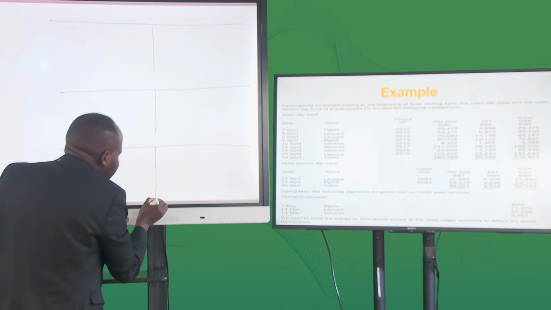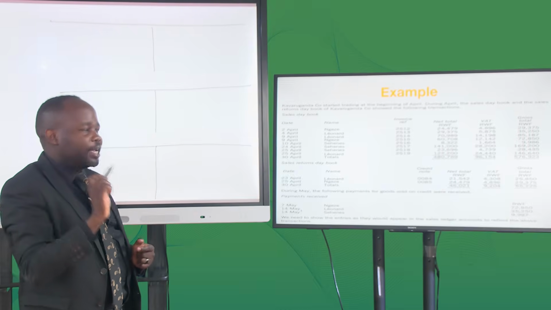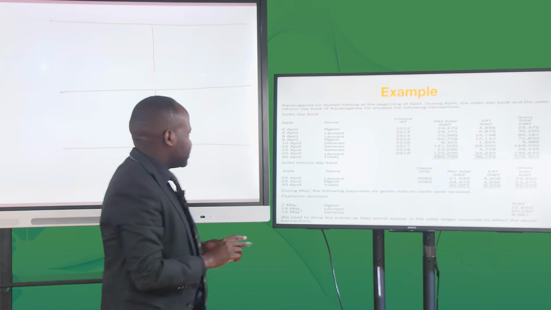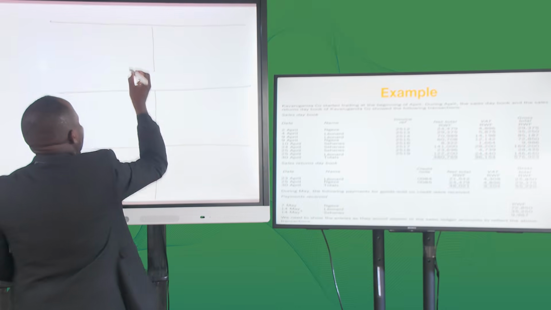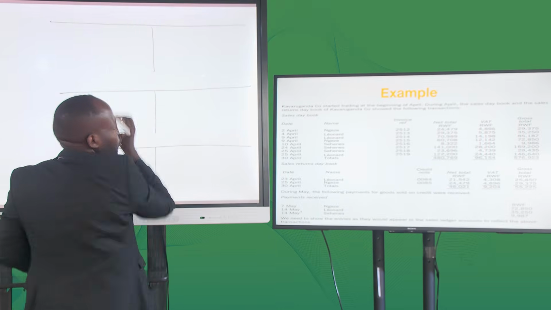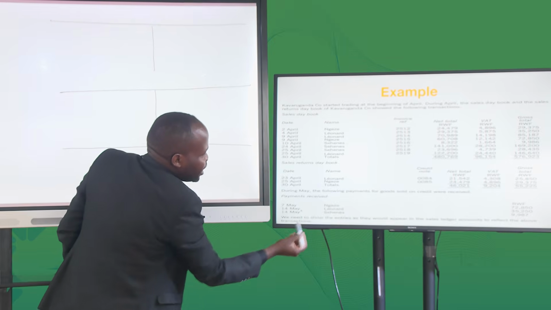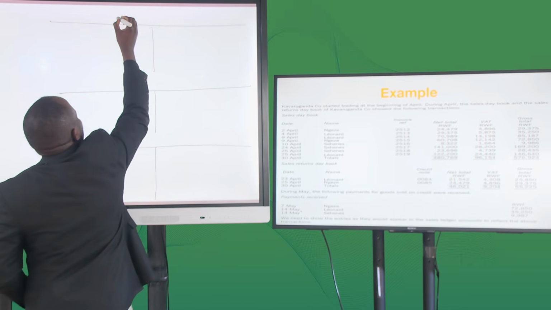Why am I having 3 T accounts or 3 ledgers? Because we have 3 customers. So the first customer we are trying to look at, we need to show the entries that they would appear in the sales ledger.